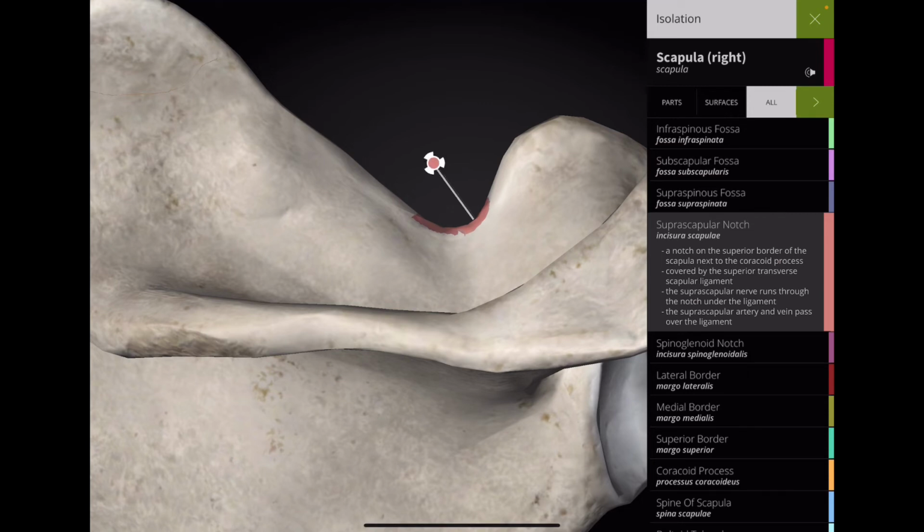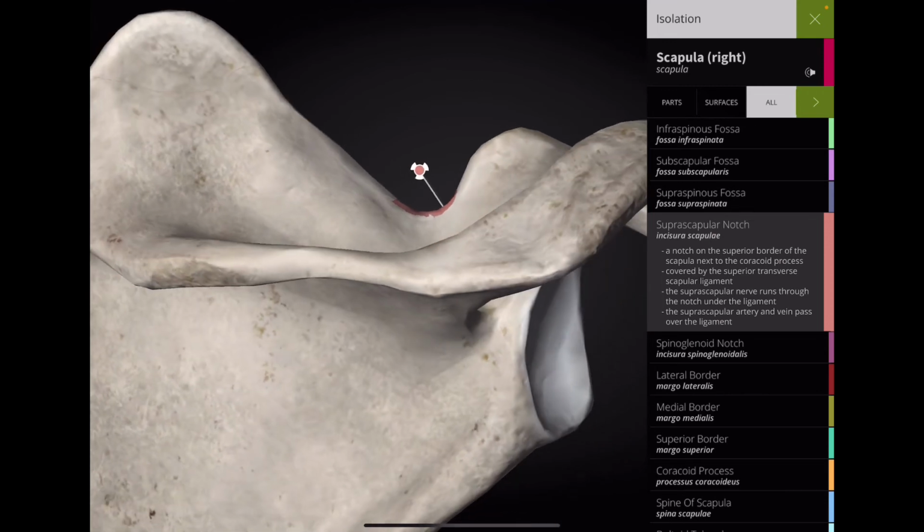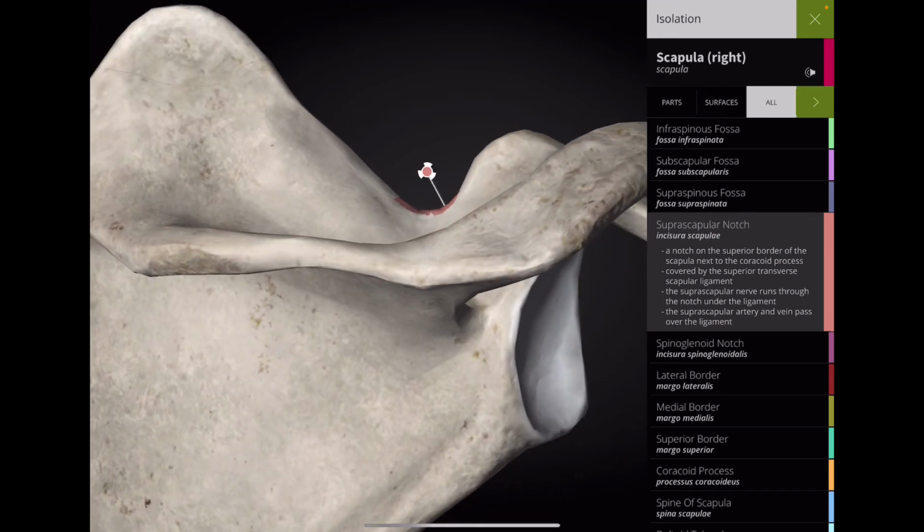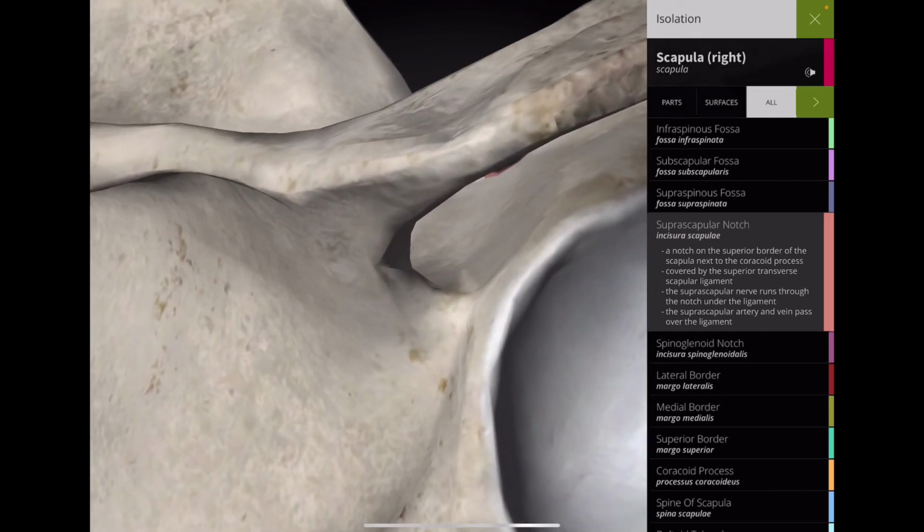And what you find going underneath this ligament through the notch is the suprascapular nerve. While on top of the ligament, you tend to find an artery and a vein. That will be the suprascapular artery and the suprascapular vein. So what happens to these three structures? They pass through the suprascapular notch and they travel over here within this area.